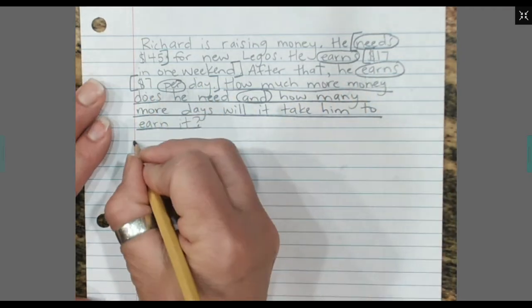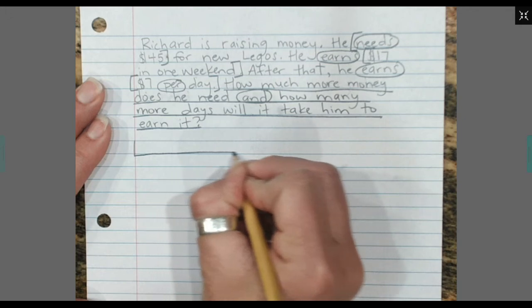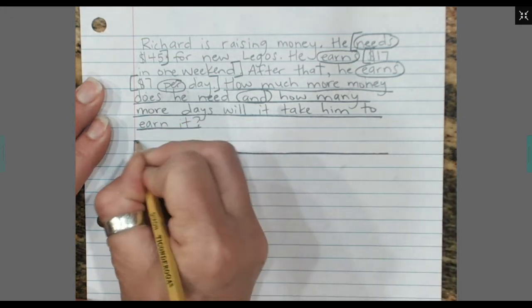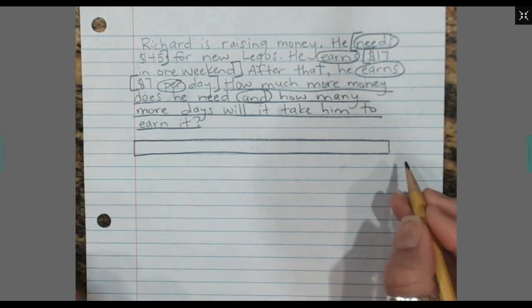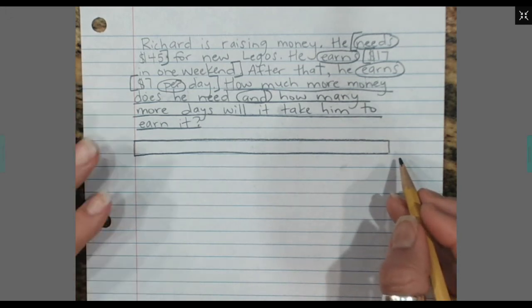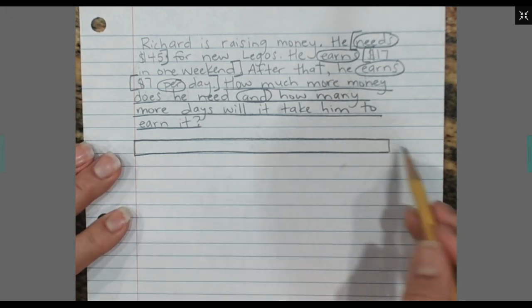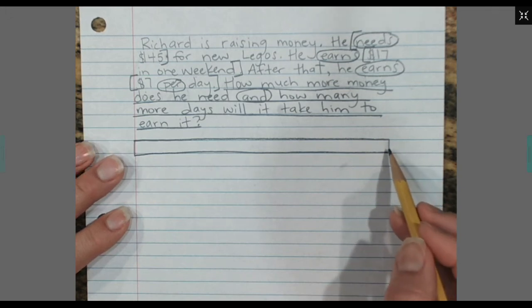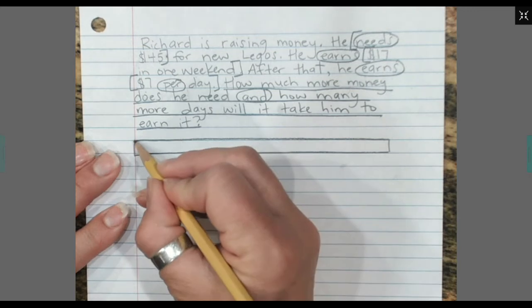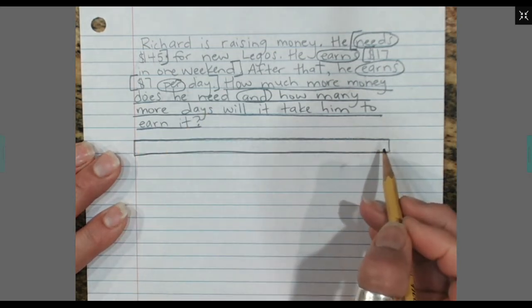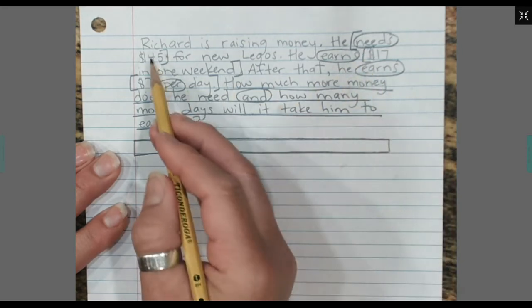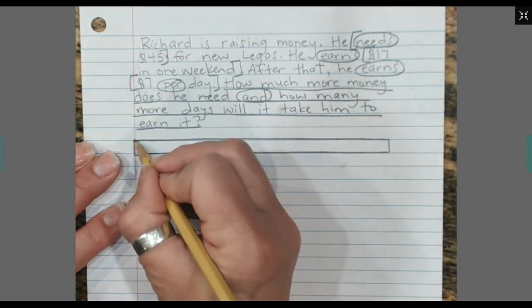So if I was to draw this, my mind is drawing a blank right now on what this is called, but this represents the total. And my total that he needs is how much? $45.